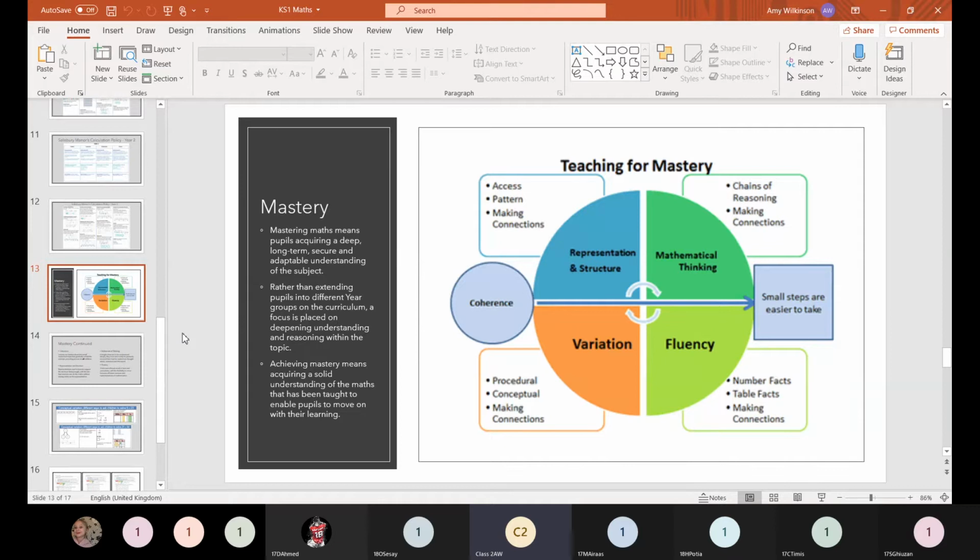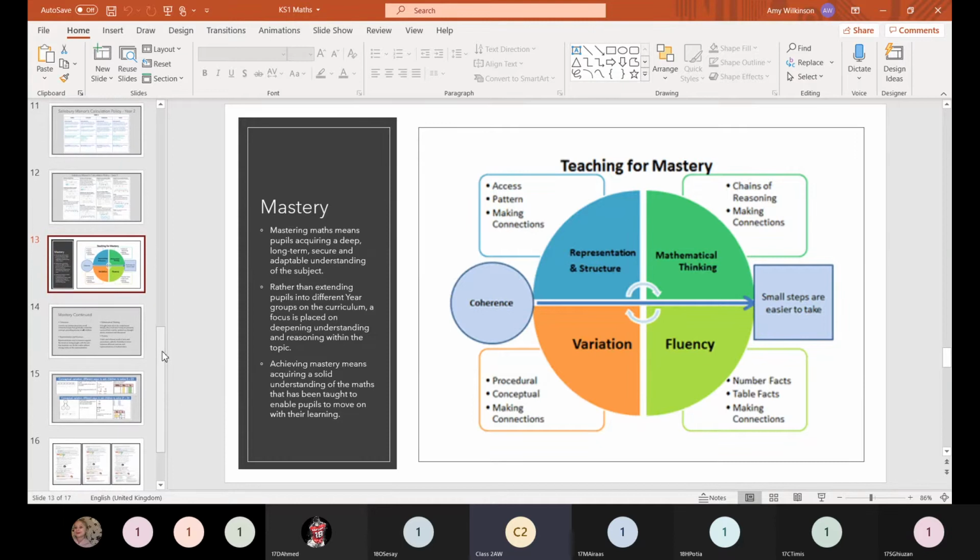Achieving mastery means that you acquire a solid understanding of the maths that has been taught. So it's really, really important this happens. And teaching for mastery falls within these 4 areas: representation and structure, mathematical thinking, variation, and fluency.